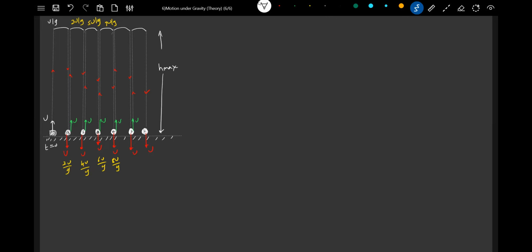Let's plot the graphs. I'm interested in the speed versus time graph, the velocity versus time graph, and also the position versus time graph. I'm going to project it from the ground. Okay, this is the ground. I'll go for a smaller one because I have to indicate all the parameters here.